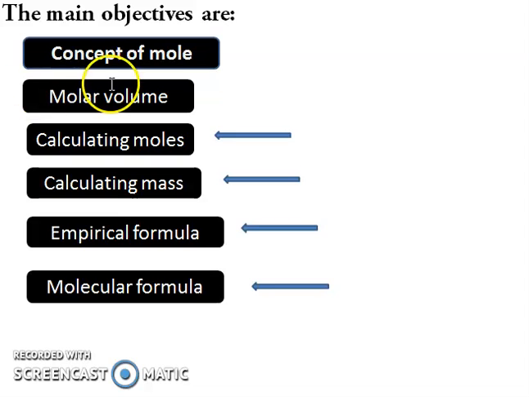In the previous video, we saw the concept of mole and we did one numerical, that was molar volume. We saw how to calculate the molar volume of gas. It was in dm cube and cm cube.